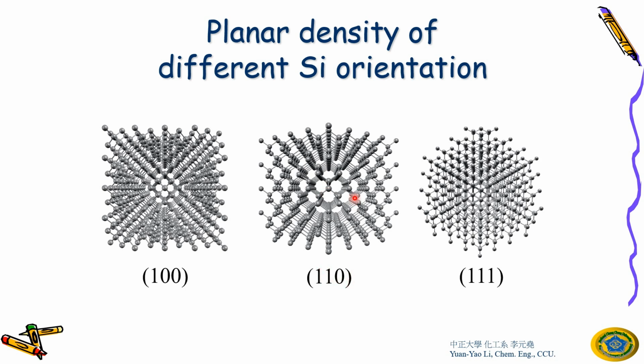And if you don't want this to happen, you need a denser surface, right? This will have less channeling effect. Okay, so choosing the planar density is very important to tune the property of the material. So if you have a different plane on the surface, you have different properties of the material.